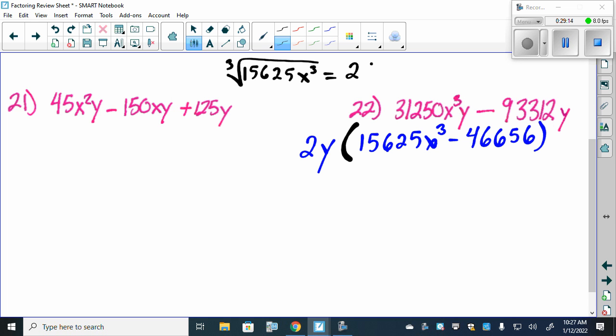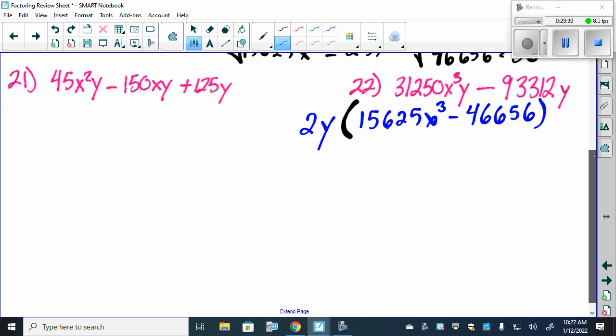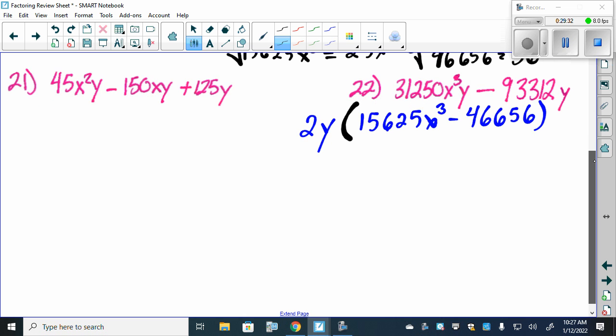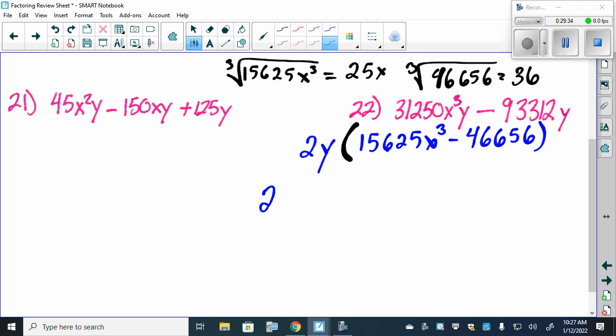So this here would be 25x, which is good news for us because it also means that the cubed root of 46,656 is 36. So we can take the cubed root of these here. So we have 2y, parentheses, 3 spots, and 5.